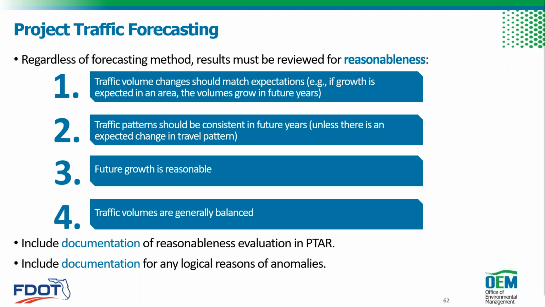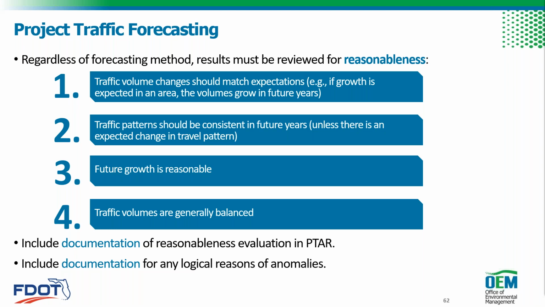Future growth is reasonable. Again, if you're decreasing the volume somewhere, were we expecting that as traffic rerouted for some reason? At an intersection in existing conditions, if there's 15 eastbound left turns and that grows to 400 in the future, were we expecting that? Does that make sense? And then finally, traffic volumes are generally balanced.